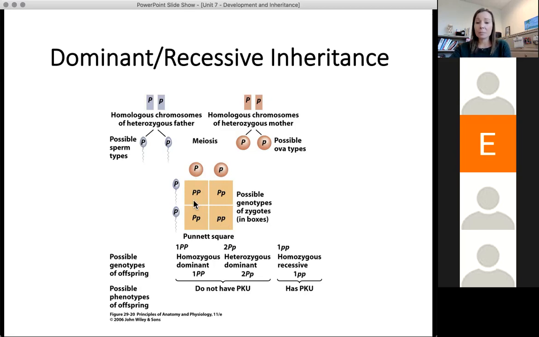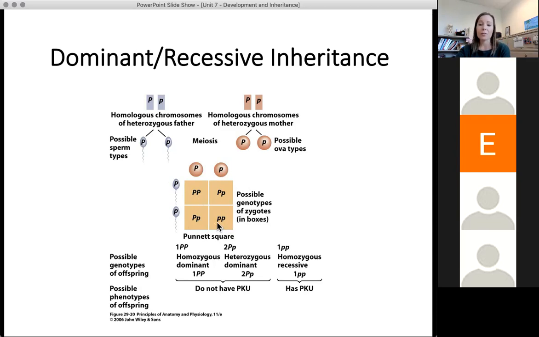And now you can see, this is filled out already, you can see the possible allele combinations for the offspring. So out of the 4 possible offspring, 1 would be capital P, capital P. So 1 would have 2 dominant alleles. That's 25% of the possible offspring.